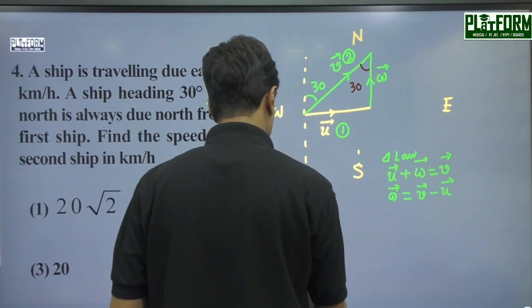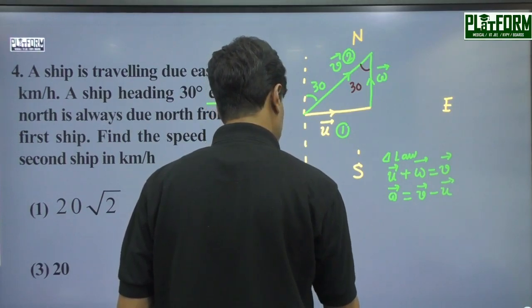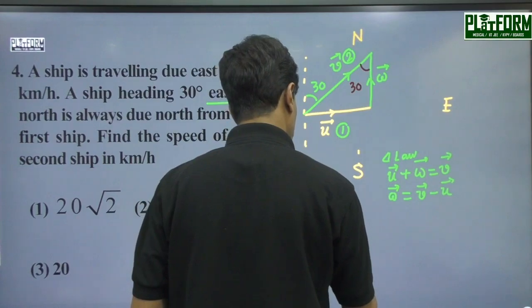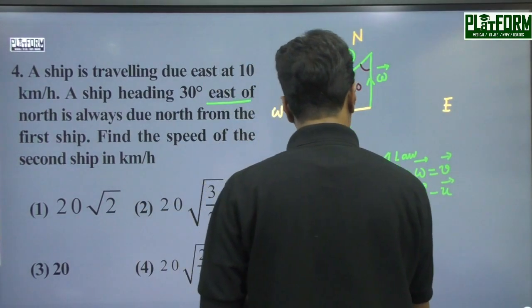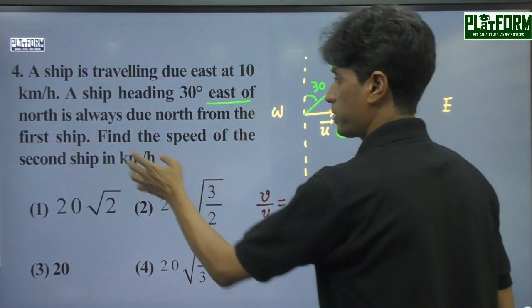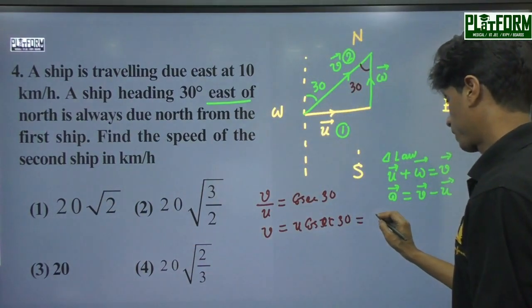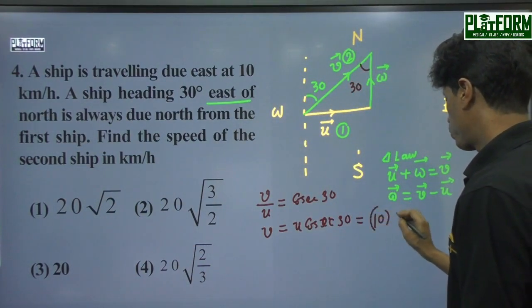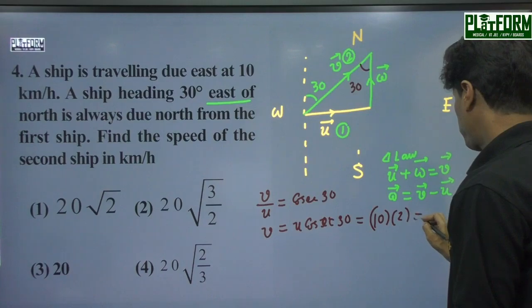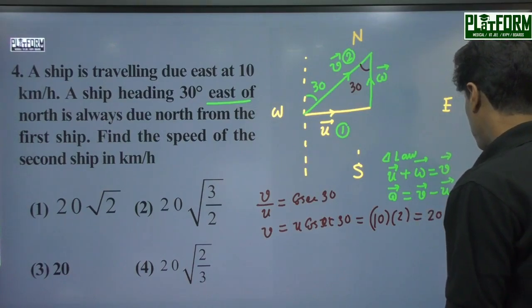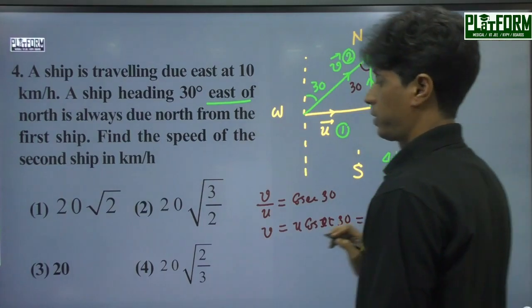So v is equal to u cosec 30, and the velocity u given there is 10, so 10 into 2, that is 20 km per hour.